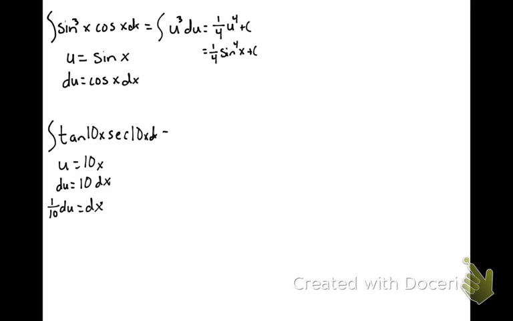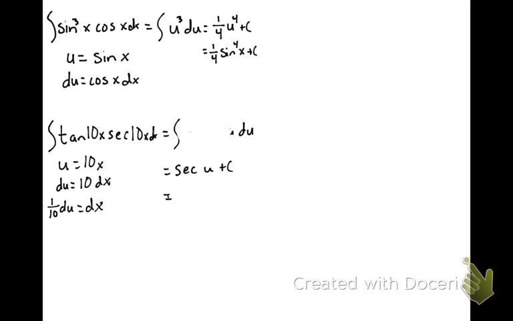So I just need to integrate tangent u secant u du, and I know that that is just the secant of u plus c, but u is 10x, so this must have been, oops, I forgot the 1/10 though.